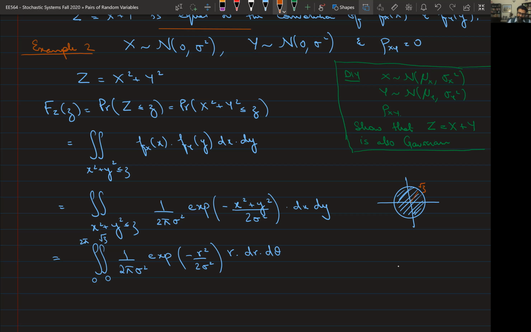What is this integral equal to? This is quite simple. The reason it's so simple is because r divided by sigma squared is actually the derivative of r squared by 2 sigma squared. Because of that, things become quite easy for us.